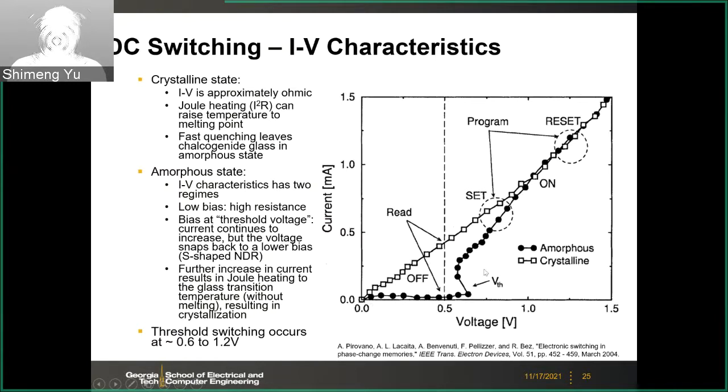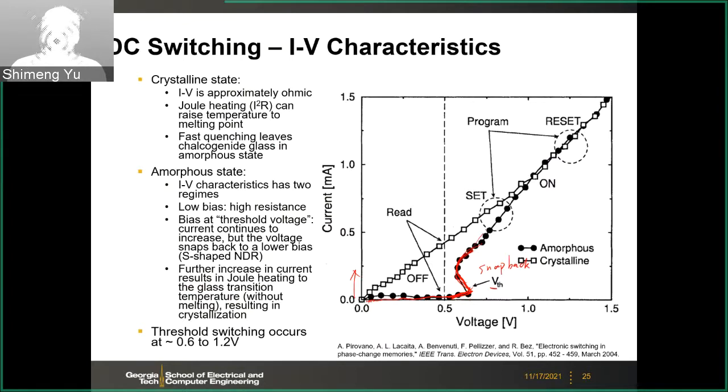So let's say if you start with amorphous state, then initially the current is low, and then after some critical current or critical voltage, it's like your threshold voltage. If you keep ramping up the current, then you will see a snapback. It's like an S shape. Snapback, S shape, snapback.